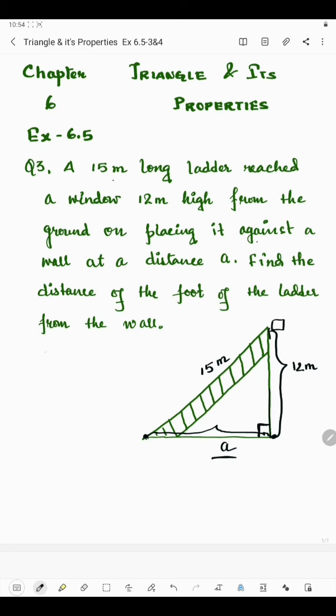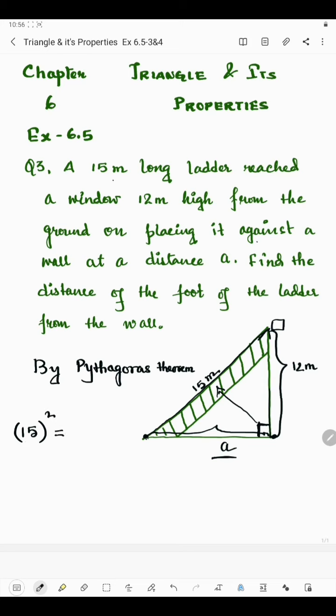Now we'll write by Pythagoras theorem, the square of the hypotenuse is equals to the sum of the square of other two sides. Now which one is hypotenuse here? Over here hypotenuse is the longest side, as this side is opposite of 90 degree, so this is called hypotenuse. So according to Pythagoras theorem, hypotenuse square is equals to the sum of the square of other two sides.